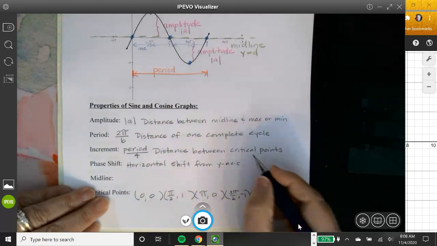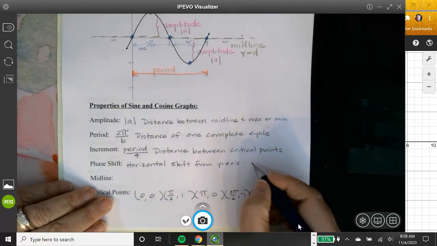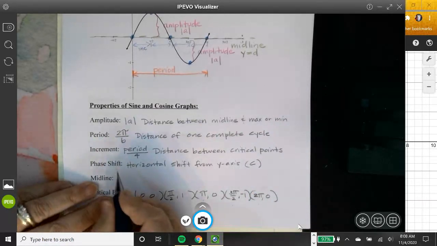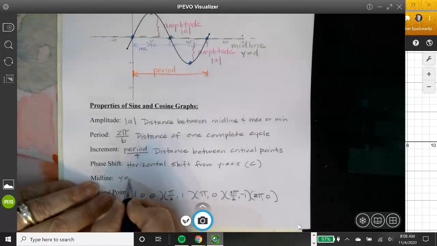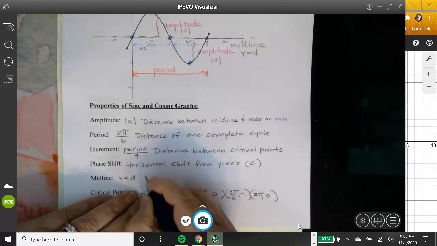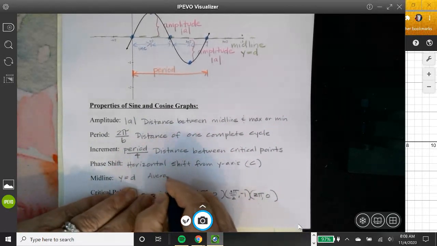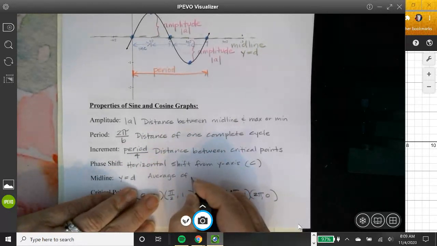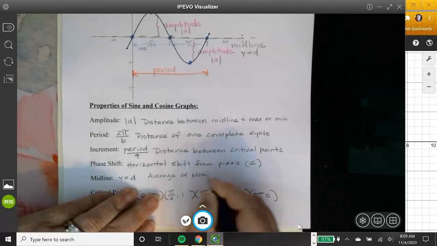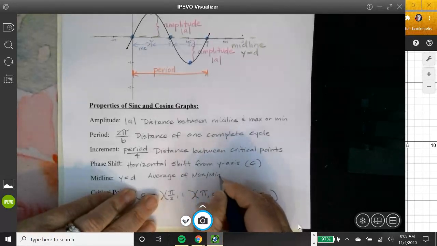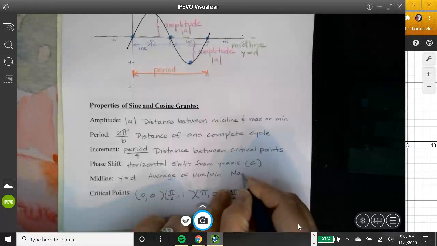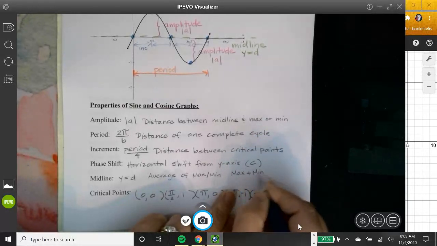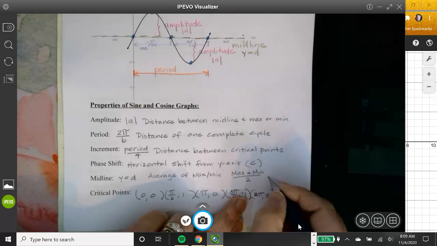Okay, and that's going to be C. And then the midline is y equals D. And the midline is the average of the max and min. Where you would say the max y value plus the minimum y value, and you divide it by 2, and that's going to get you D.